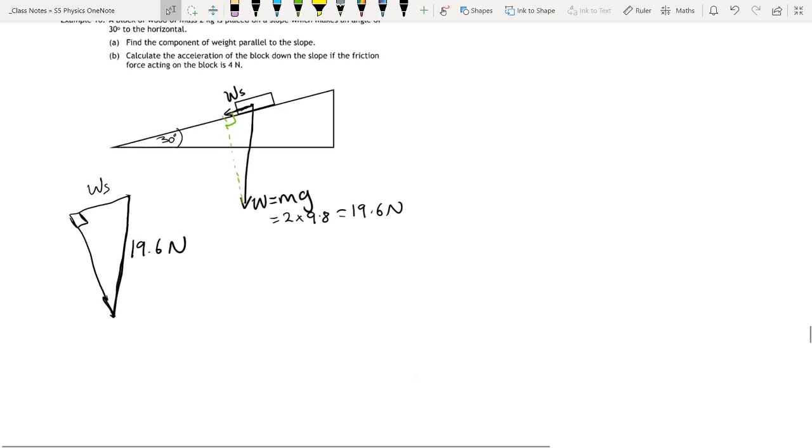So if we look, we've got 30 degrees here. If that's 90 degrees, then what's that angle going to be? 60. That's the same angle as that. That's 60, so that's 30 as well. So we can draw those in. That'll be 60 degrees, and that's also 60 degrees.